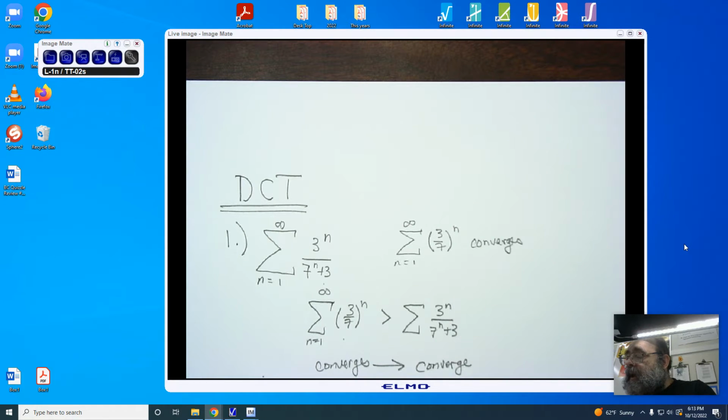By the direct comparison test, the series n starting at 1 to infinity of 3 to the nth over 7 to the nth plus 3 must converge.